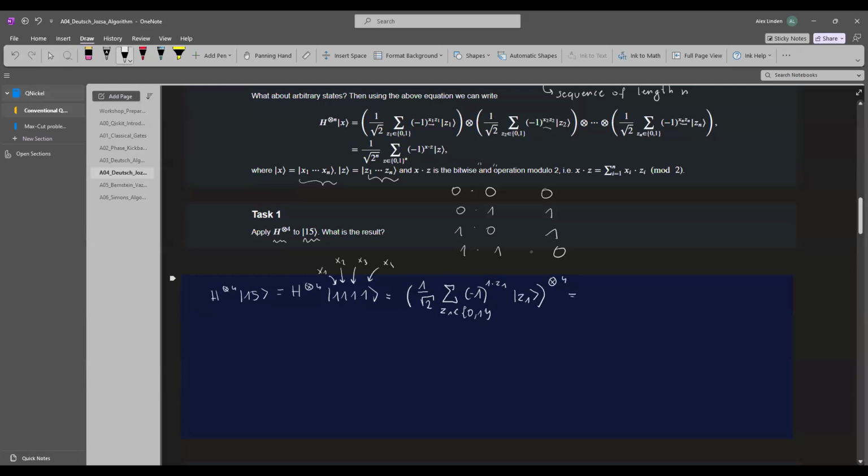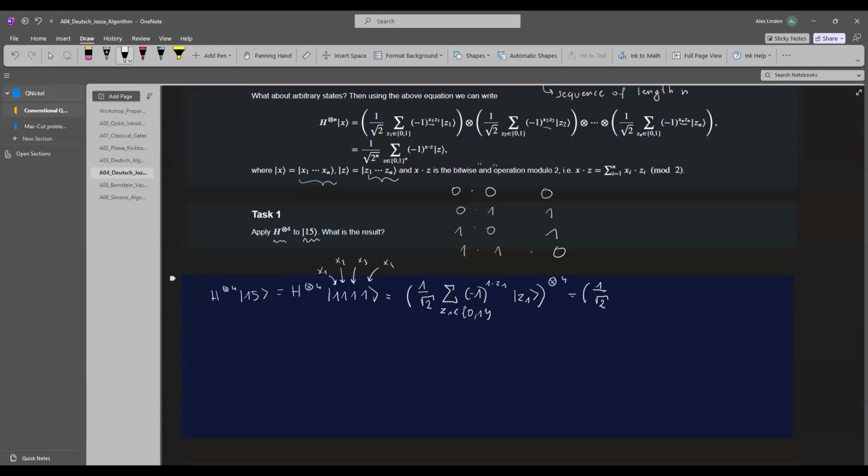And let's simplify it a little bit. We only can have it 0, 1. So there are two options. So we can write it out. First option, Z1 is 0. So this will be 0. This will be 1.